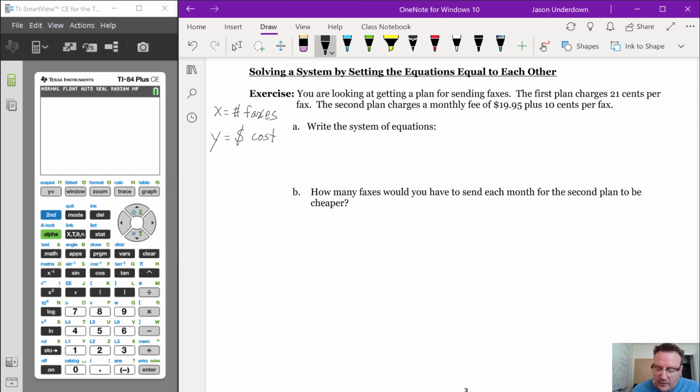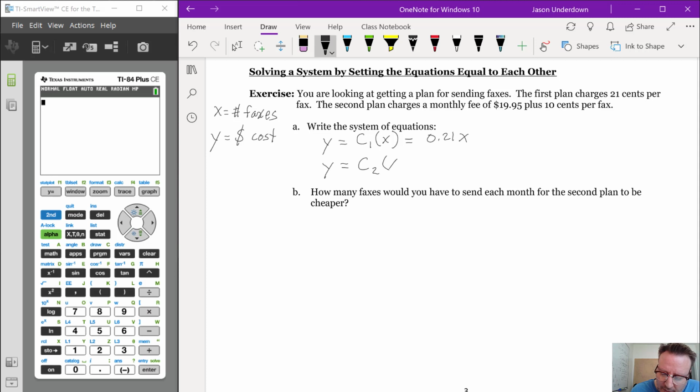For the first choice, if we use functional notation, it would be cost of plan 1 as a function of number of faxes sent. Well, this is just 21 cents times the number of faxes sent, so this will be 0.21x.